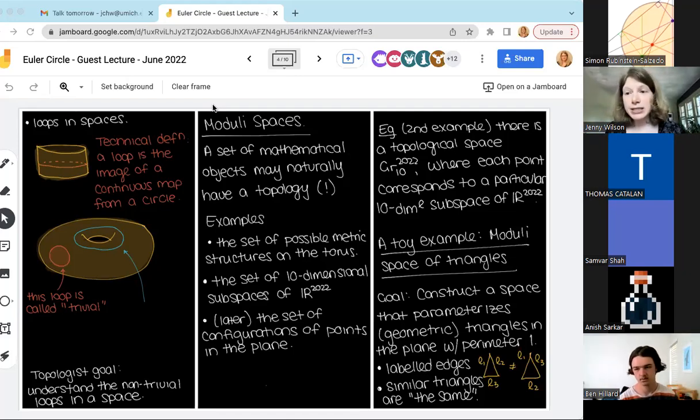But there are spaces that are disconnected that still have really rich topologies. One example is the rational numbers. The rational numbers, a subset of the real line, is a space that's disconnected. In fact, if you take any two rational numbers, there's no path between them. So it's a space that's very, very not path connected. And yet its topology is still very rich.